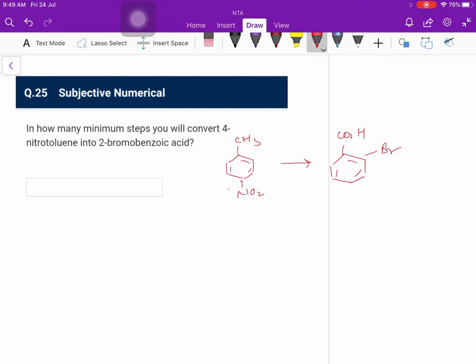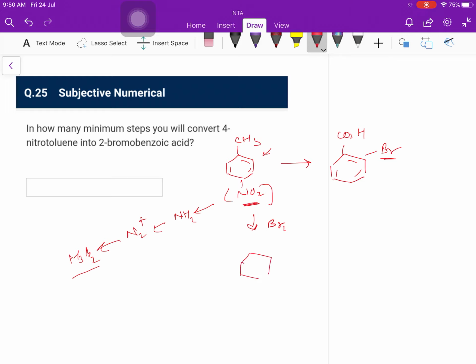One way we know to remove NO2 is to convert it to NH2, then to benzene diazonium N2 plus, and then react it with H3PO2, which attaches a simple hydrogen there. Before that we need to attach Br. Let us first attach Br, because CH3 is ortho-para directing and the para position is blocked.